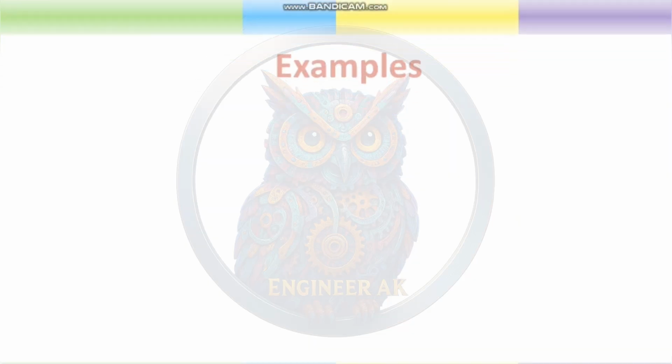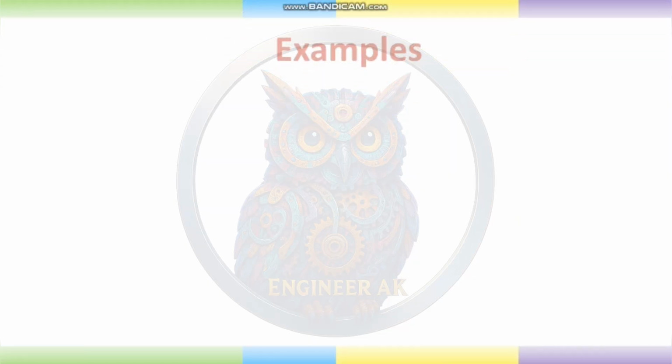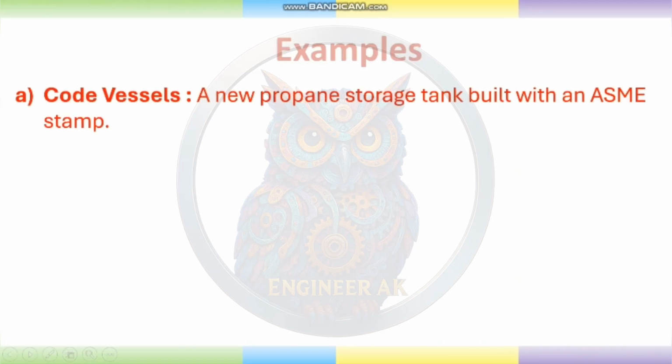Now moving further, I will give you an example through which we can understand all those vessels where API 510 can be applied. So let's suppose a code vessel, a new propane storage tank built with an ASME stamp, right?